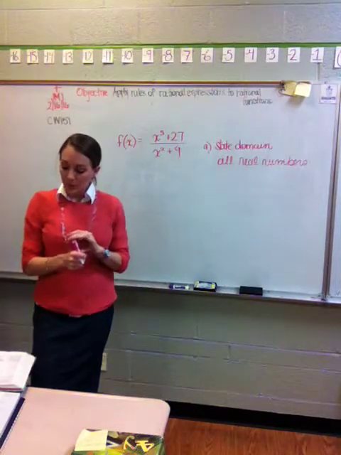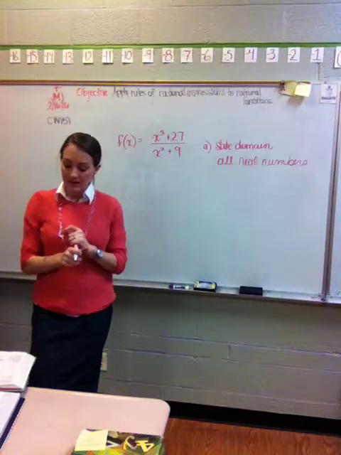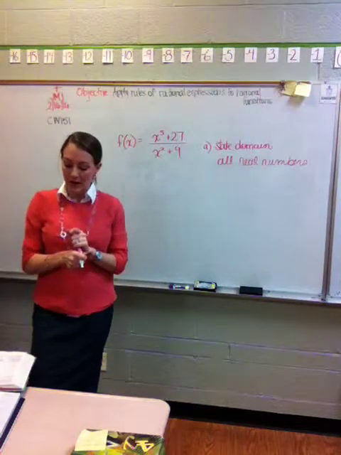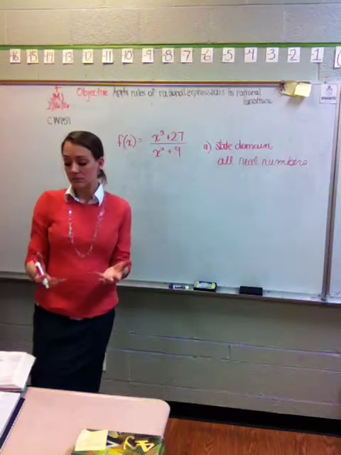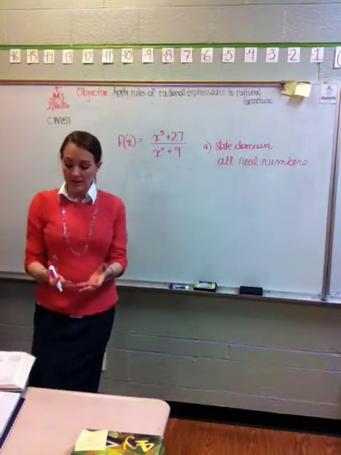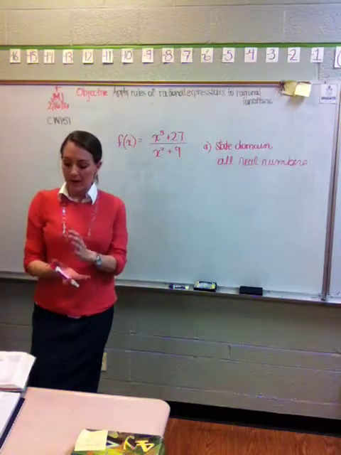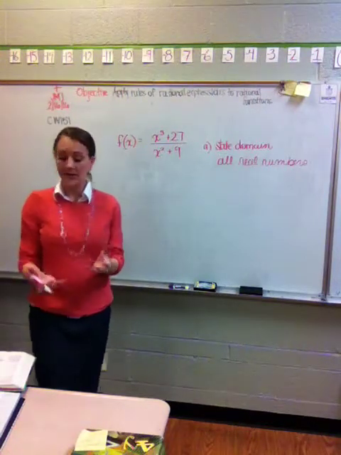So we have number 7. F of x is equal to x minus 2 over x. What's the only thing x cannot equal? Hopefully you're thinking to yourself, 0. Right. I cannot divide by 0, so my domain for number 7 is all real numbers except 0.